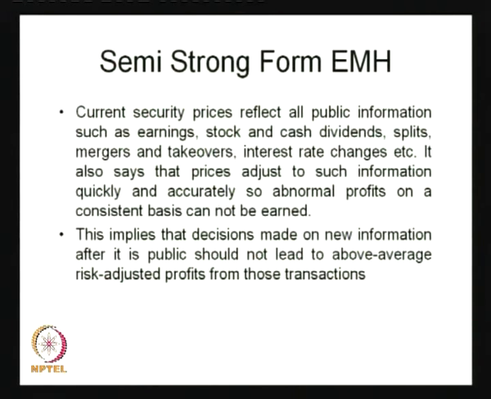But if you assume your market is semi strongly efficient, following the semi strong form of the efficient market hypothesis, then people cannot get any extra return. The new public information will be available to everybody, so the average abnormal return of that particular security will be 0. That means nobody can get any above average risk adjusted profit out of that business.